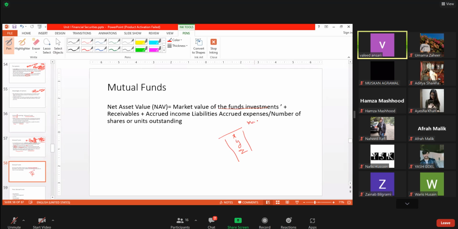You take the market price of these stocks into the number of shares the mutual fund has bought. If you multiply this, it gives the market value. Add it up and you will have the total value. Maybe 30 companies are there, so similarly, plus other receivables and equity.